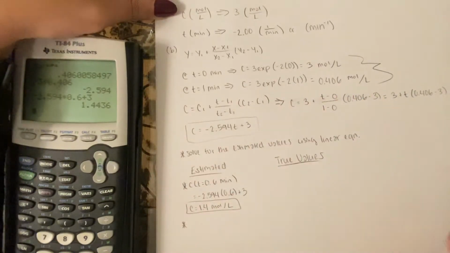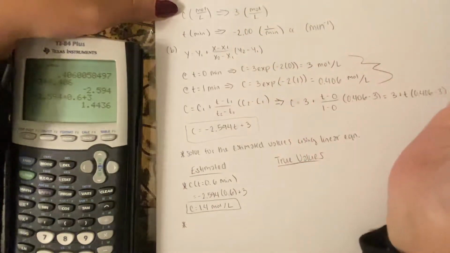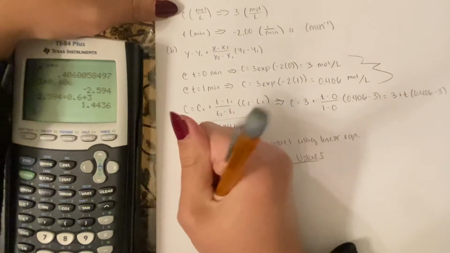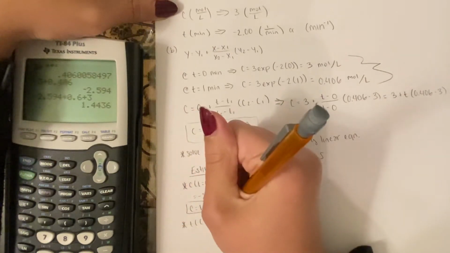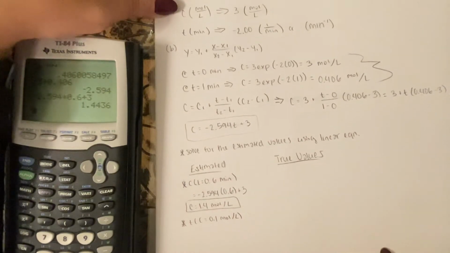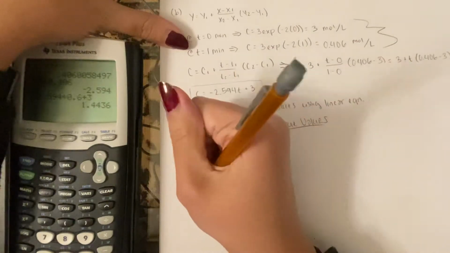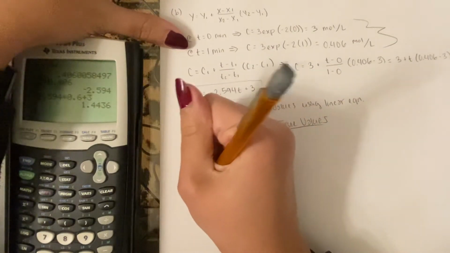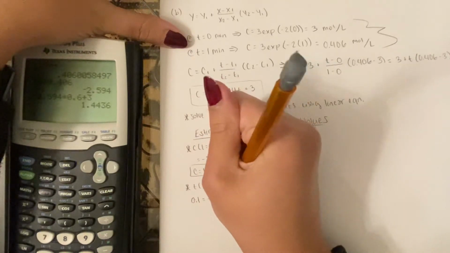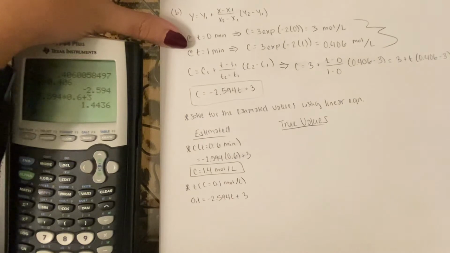And then the next estimated value that we want is our time when concentration is 0.1 moles per liter. What we're going to do here is plug in 0.1 equals negative 2.594 T plus 3.